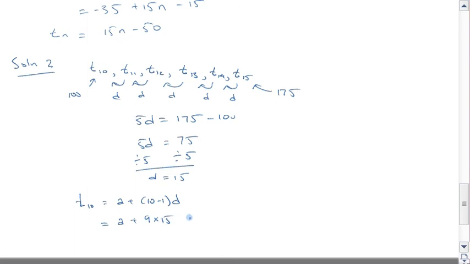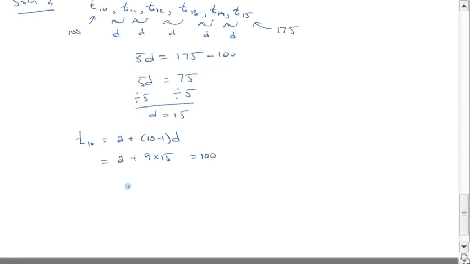And this whole thing is equal to 100, right? So this is a plus 135 equals 100, and I can subtract from both sides. So this is exactly what we did before, right? To give me a is equal to negative 35. So I'm not going to go through the rest of it, but you can see that you can now write out what Tn is, exactly as we did before.